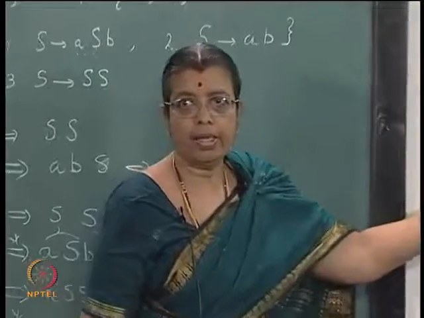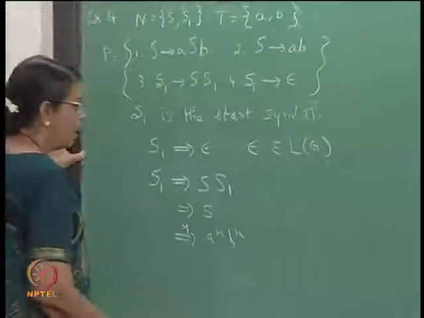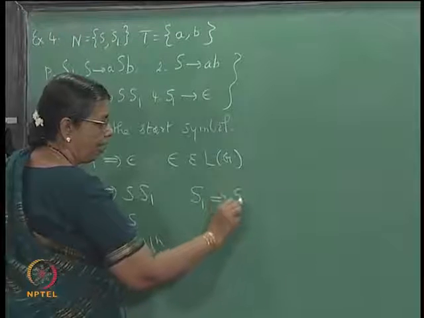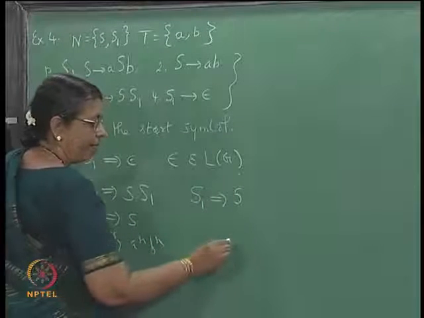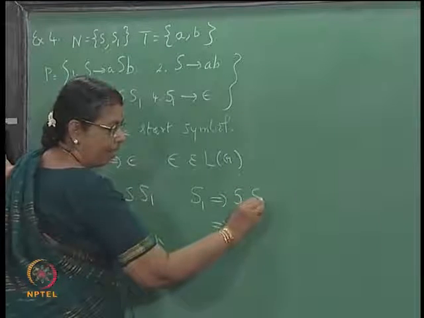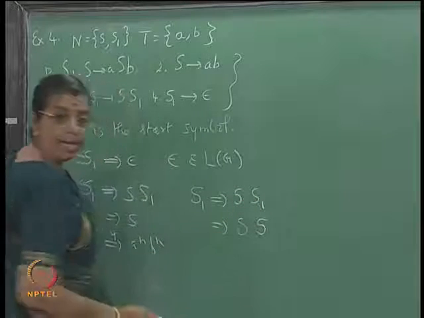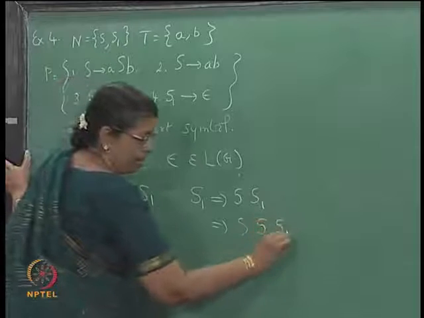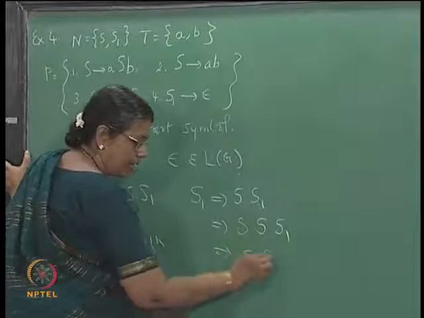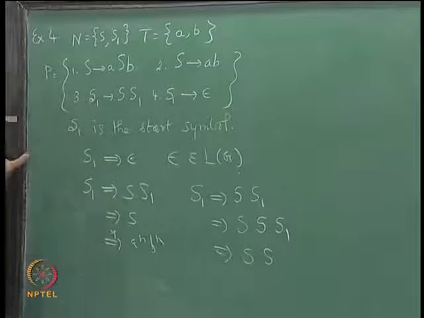Or start with S1, one S I can have, and again from this S1 another S I can generate. Then I can make this S1 go to epsilon. So now two S's I have.